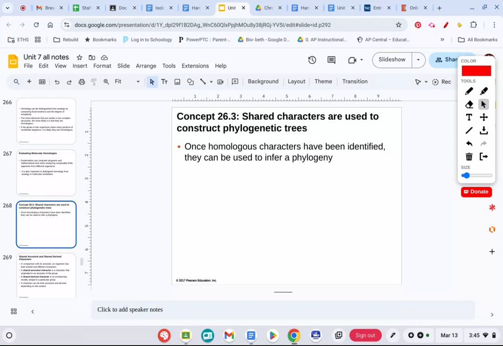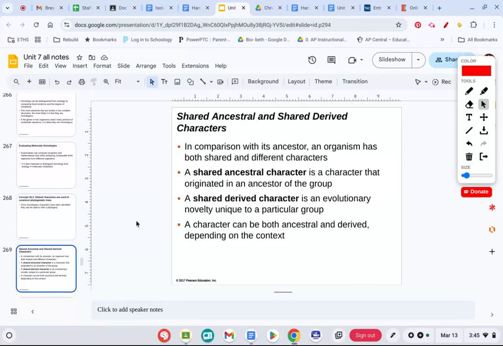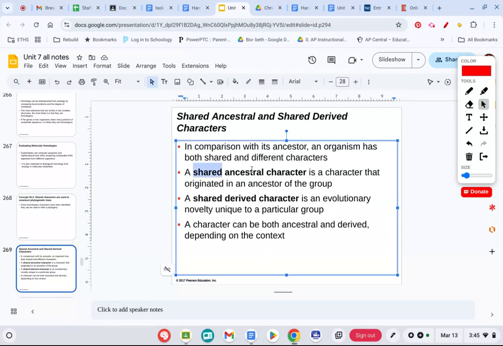Okay, so we can use shared characteristics that are identified to help us construct these phylogenetic trees. So let's talk about the difference between what is called a shared ancestral character, which developed in the group, the ancestor, and then derived.